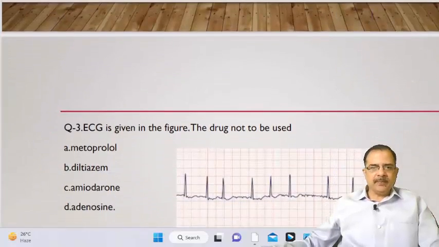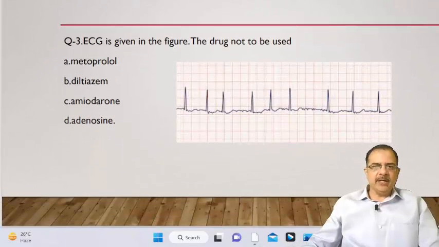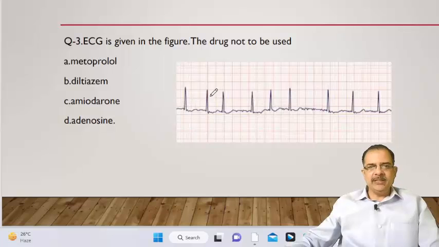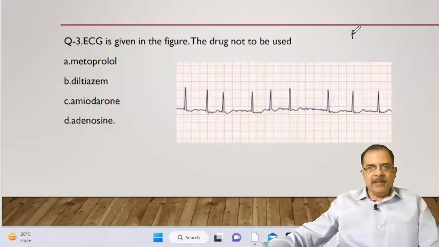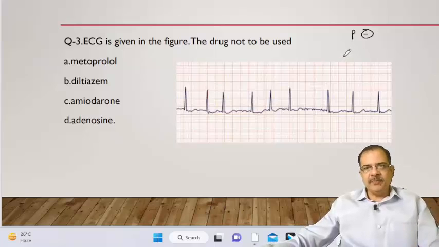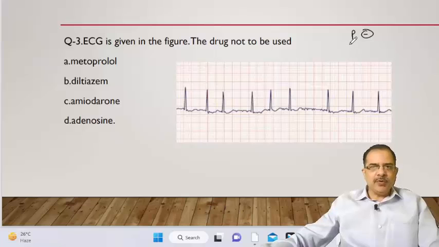Question number 3. ECG is given in the figure, the drug not to be used here. So if we look at this ECG, the QRS complexes are narrow, normal complexes, and we are not able to find the P wave. If the P waves are absent with a tachycardia type of rhythm, then we have to identify whether it is a regular rhythm.